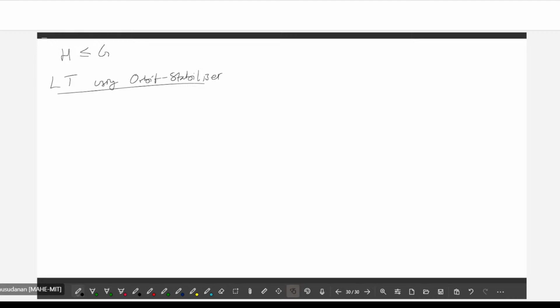That won't be an action. Otherwise, you take some action like conjugation. Conjugation is also an action, but even that will be an action only if it is normal. Otherwise, it won't stay inside the subgroup, right? So you can't do that.